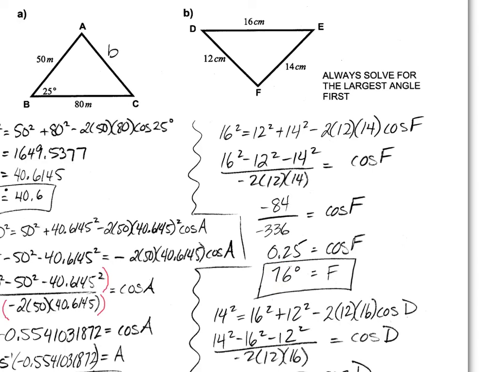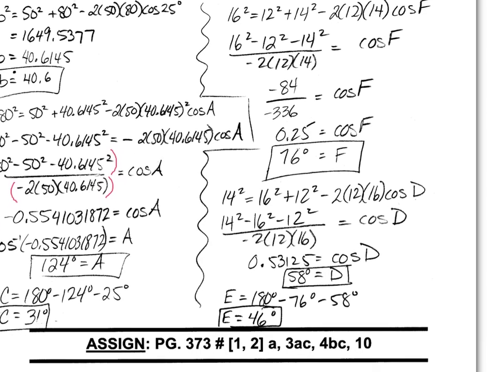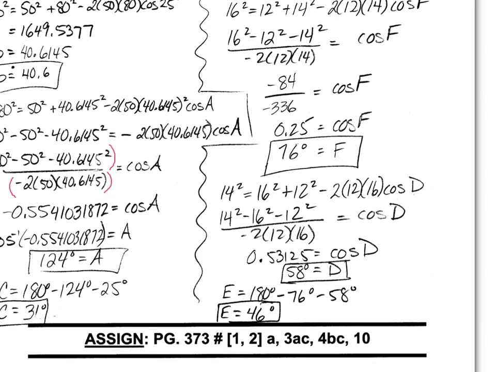And then next, go for the next largest side. So we're going to be doing the next largest angle, angle D here. Opposite angle D is 14. So that's where I start. 14 squared equals 16 plus 12, both squared, minus 2 times the 12 and the 16, cos of your angle. And then rearrange it just like we did before.